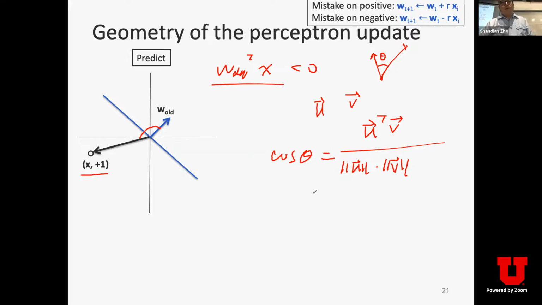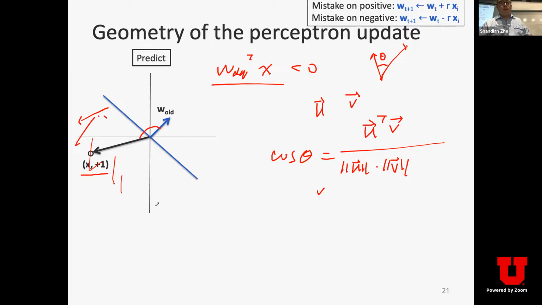According to this formula, if the angle between two vectors is over 90 degrees, or half pi, the dot product must always be negative. That also explains why, on this side of the hyperplane, you always predict the example as negative.